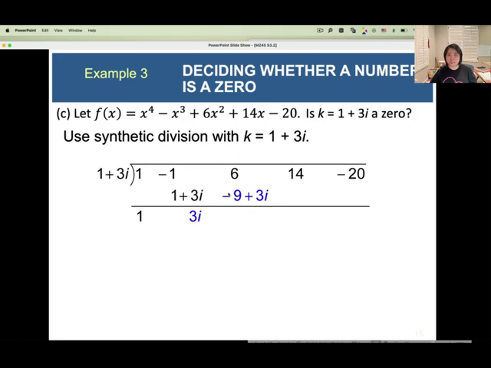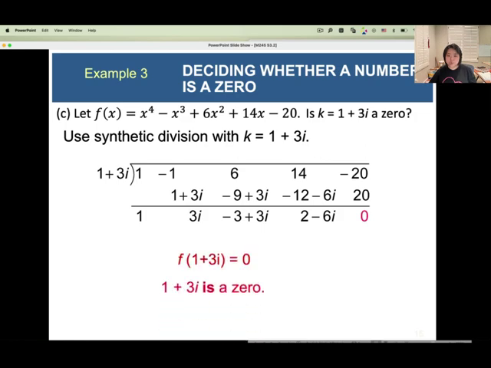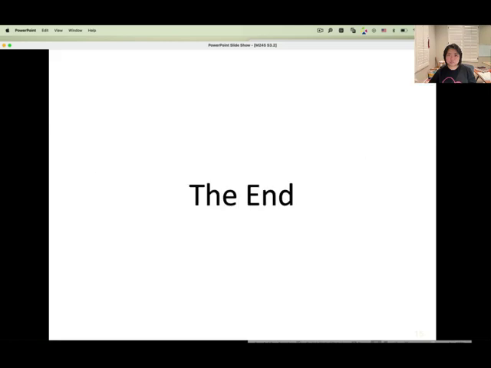So that's why we have this one. Add it up and then multiply it again. So you get k equal to 1 plus 3i. The remainder will be equal to 0. So 1 plus 3i is a zero. Okay, it's a solution of this function. That's it.